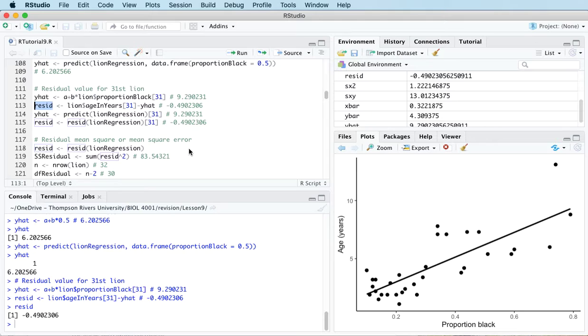So we get minus 0.49 for the 31st lion in the data set, which I'm guessing is, well, I don't know, maybe it's that one. Let's look at the proportion black for the 31st lion.